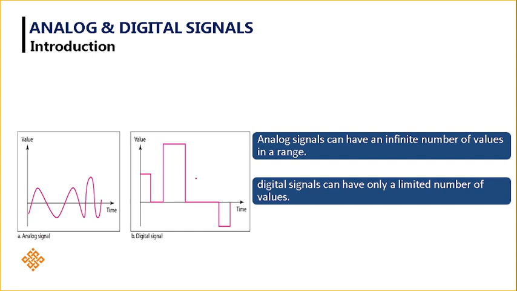So here you can see the first diagram. This is analog signals, where you can see infinite values with various amplitudes and frequencies that you can't easily measure. Whereas the second diagram shows digital signals, where there is a limited number of values, meaning you can easily count them.